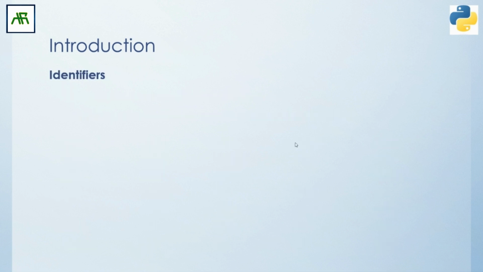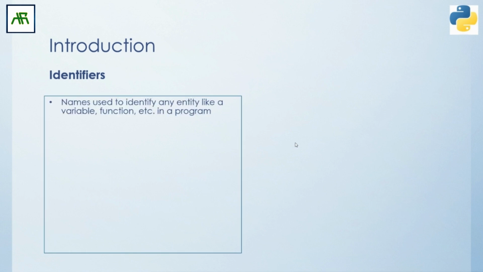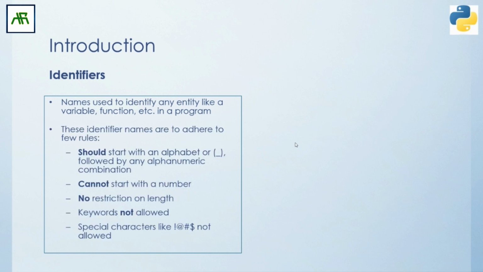Now, let's look at identifiers. What are identifiers? Identifiers are nothing but names given to program entities like variable, function, dictionary, and so on. This is to differentiate or give a notation to any particular entity in a programming language. How do we differentiate between one data from another? So these identifiers have to adhere to certain rules, like any other programming language.